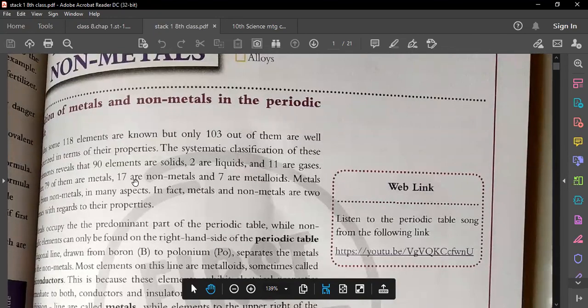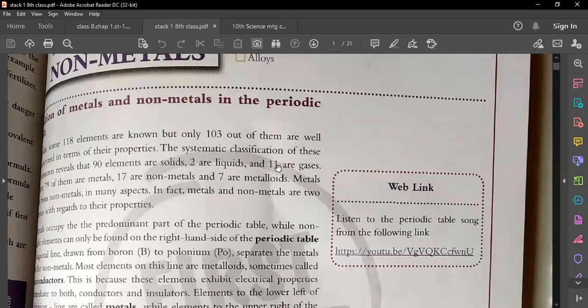What are the 7 metalloids? And what are the 11 gaseous elements? You have to list them down completely. Understand? Yes, sir.